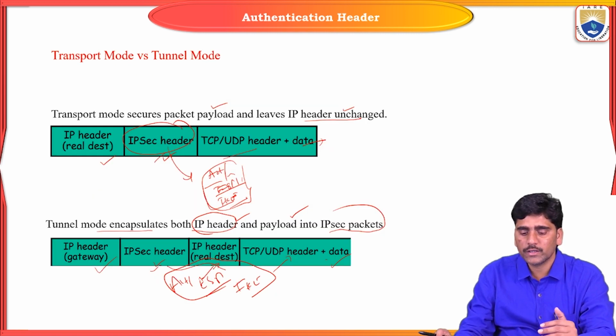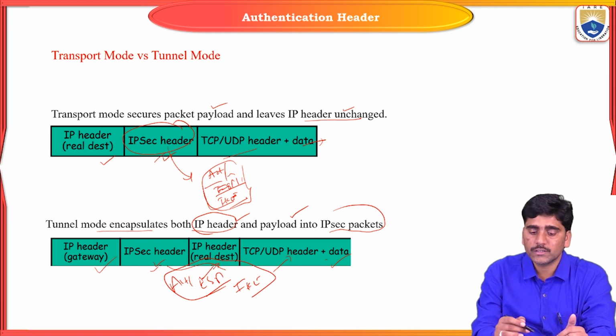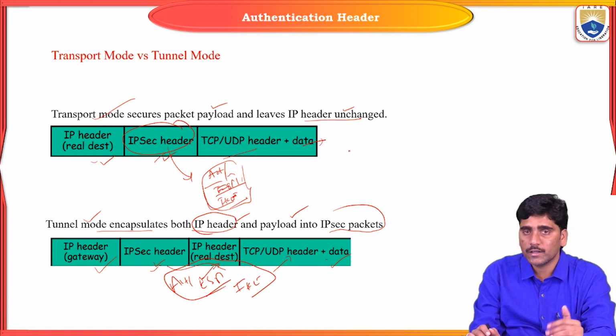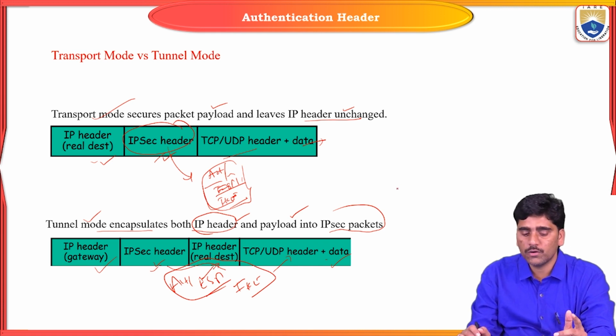And here we can see the difference between what is contained in transport mode and tunnel mode. Transport mode contains the IP header of the real destination, the IP secure header, and the TCP header plus data. But tunnel mode encapsulates both the IP header and payload into IP secure packets.